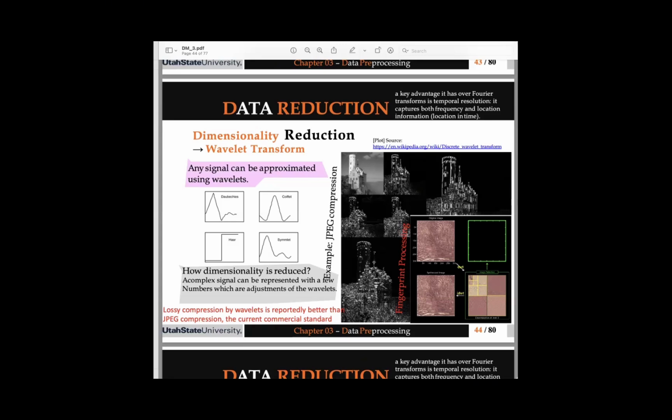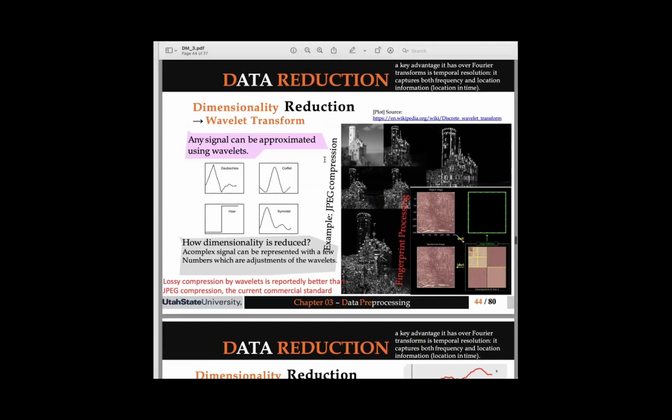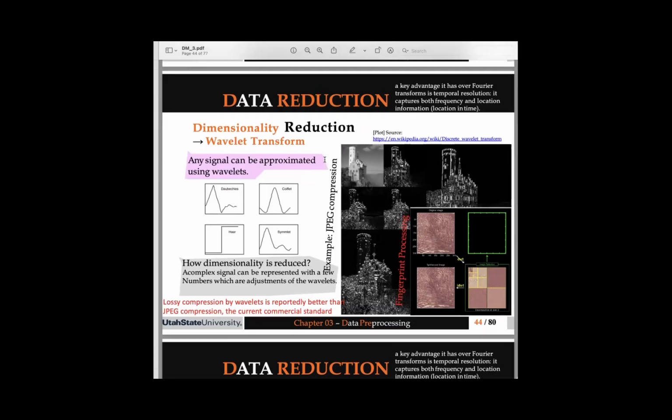In this case, you could clearly see that this is JPEG compression, right? In fact, JPEG 2000, not the regular commercial JPEG compression that you use every day, uses the wavelet transform. JPEG 2000 is a more expensive version of JPEG.